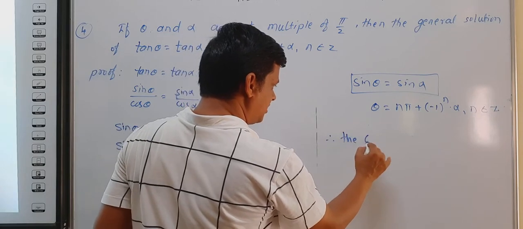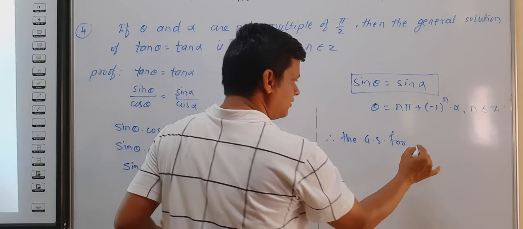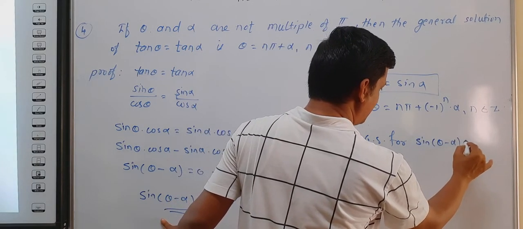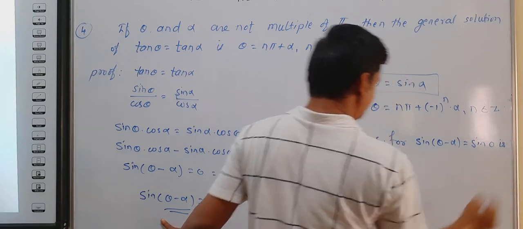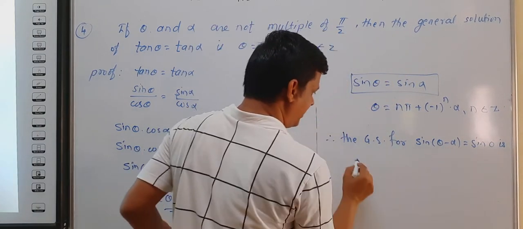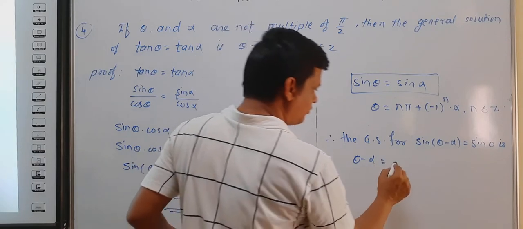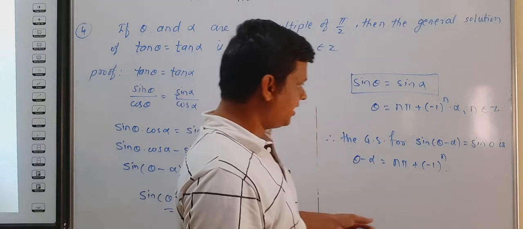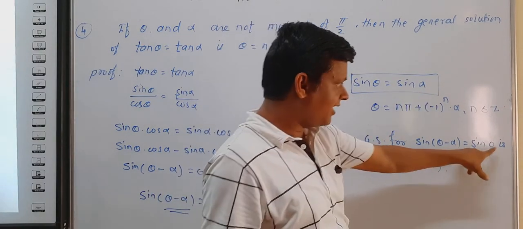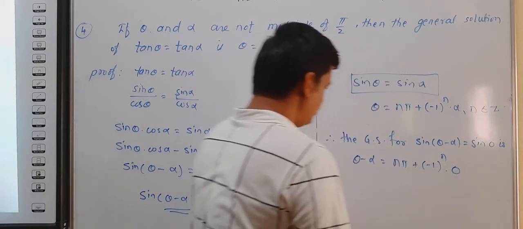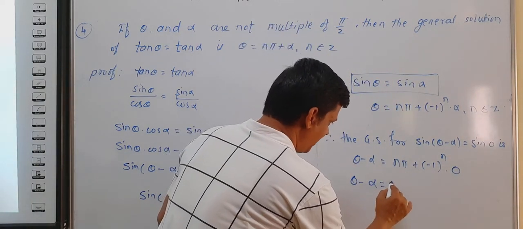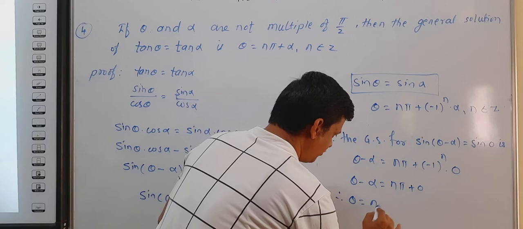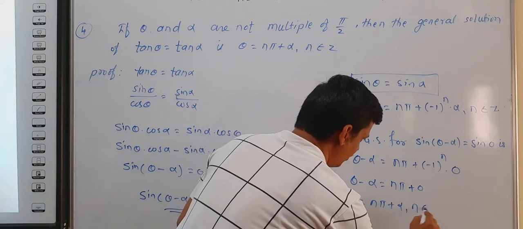Therefore, the general solution for sin (theta minus alpha) equal to sin 0 is, in place of theta we write theta minus alpha: theta minus alpha is equal to n pi plus (minus 1) raised to the power n into alpha. Here in place of alpha the angle is 0, so we write into 0. So we write theta minus alpha is equal to n pi plus 0. Therefore theta is equal to n pi plus alpha, n belongs to Z.